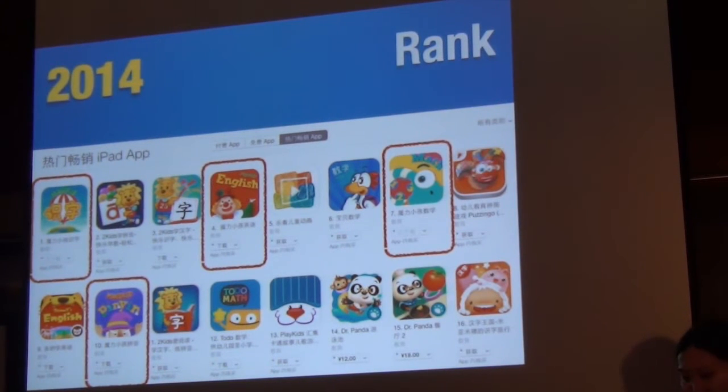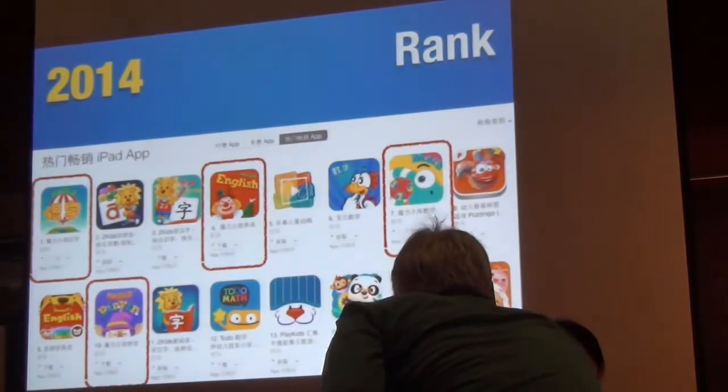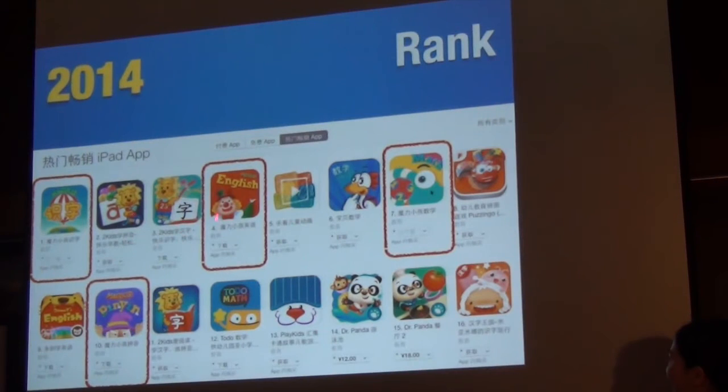So for those who can't read Chinese, you may not notice that the first 2 or 3 apps are all related to Chinese. You see Chinese, and you see English, math, Chinese. It goes on and on, repeating that pattern.